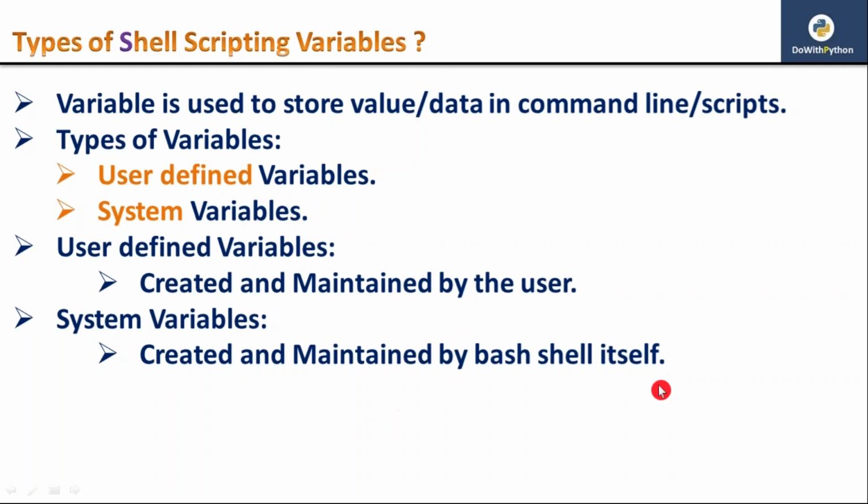Now we know that while defining variable names you should follow some rules. The very first one is the variable name should contain only letters, either small or capital A to Z, and numbers, and one more thing is underscore. You should not start your variable name with a number.